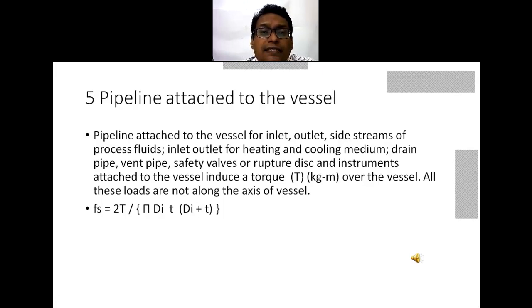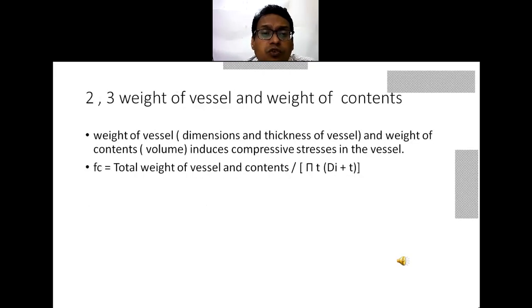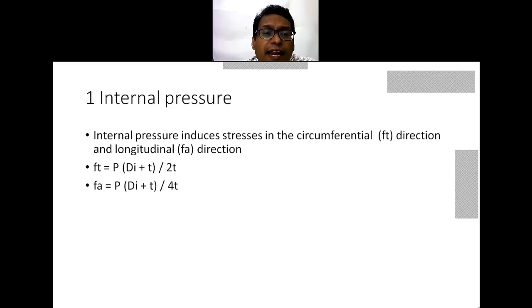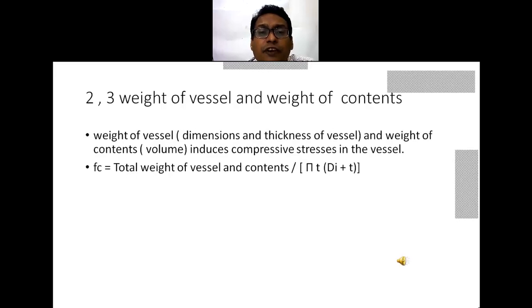Now, five different stresses are to be considered. First, FT and FA, the circumferential and longitudinal stresses, which occur because of the internal pressure. Next is the weight of the vessel and its content, denoted by FC, which is equal to the total weight W upon pi t into (Di plus t).